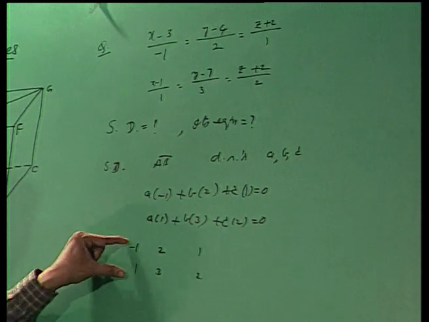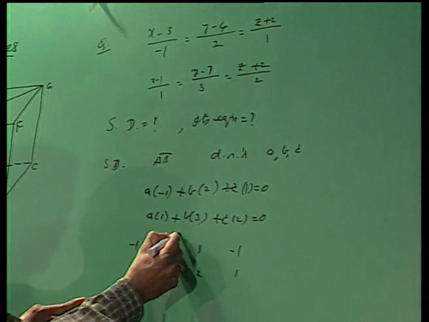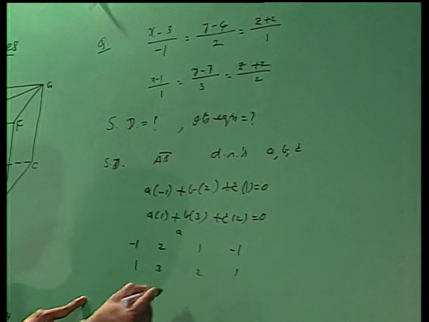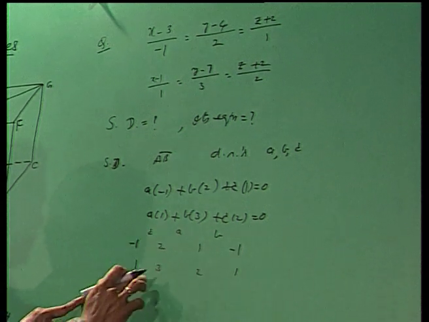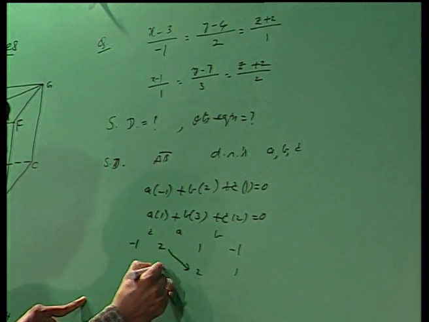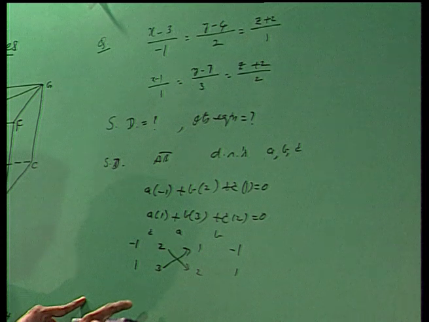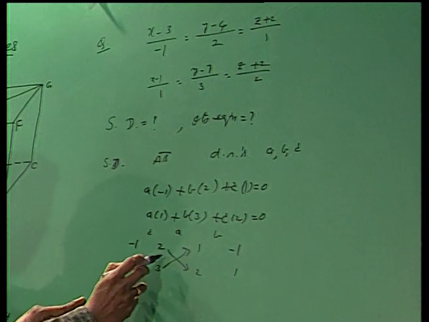Take this first column again as the fourth column, and take a between the second and third columns, b between the third and fourth columns, and c between the first and second columns. Now, multiply these two first and then multiply these two and subtract the second product from the first one.